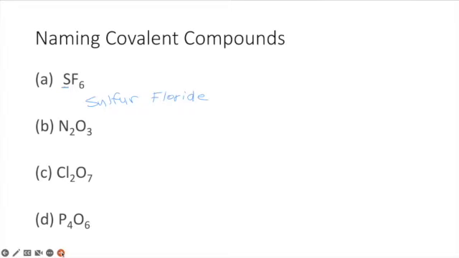But we need to specify with a prefix how many atoms there are. So sulfur only has one atom, so it would take on the prefix mono, yet that fourth rule said that we omit anything that had mono as a prefix, but only on the first one. So sulfur, sorry, you get to be just sulfur.